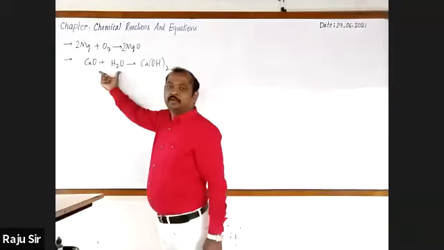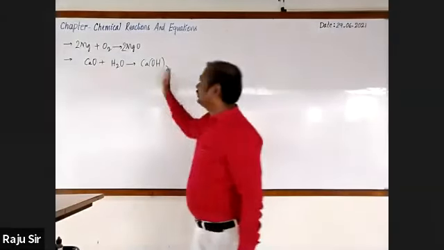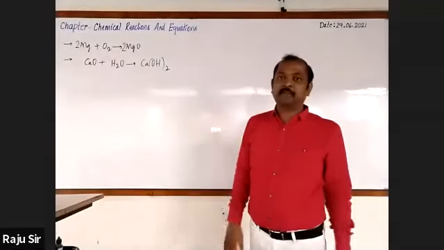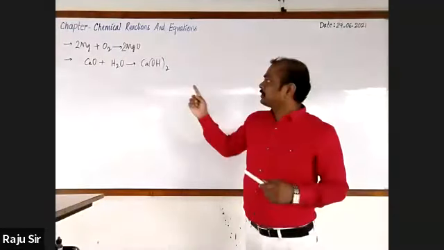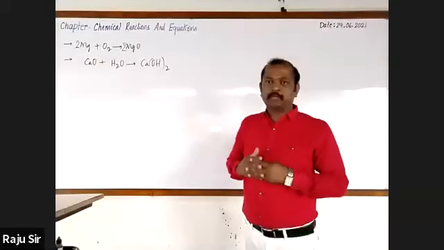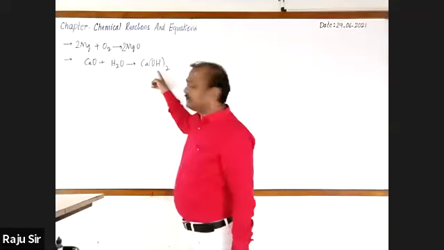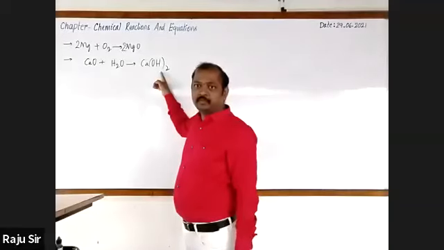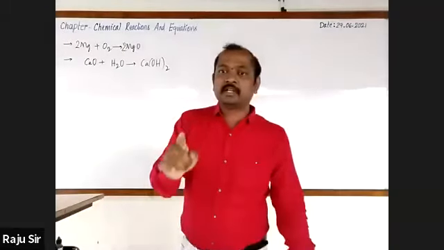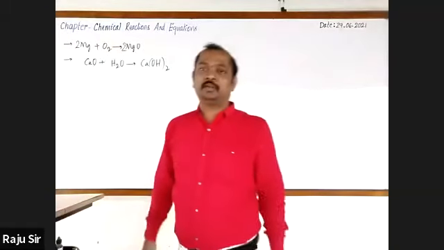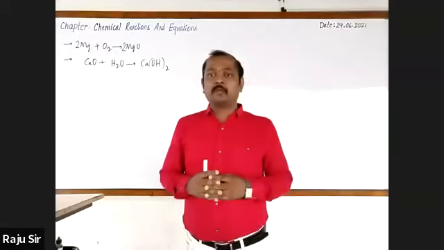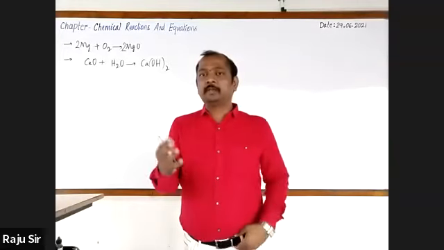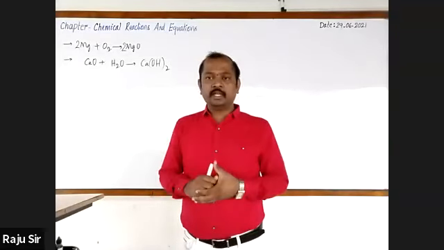Here, two atoms of oxygen. Here, two atoms of oxygen. Already it is balanced. And then after that, we come across one of the important information from this. Calcium hydroxide is obtained. This calcium hydroxide is used for whitewashing. And you also know that when this is applied to the wall, it gets a shiny appearance after 2 to 3 days.